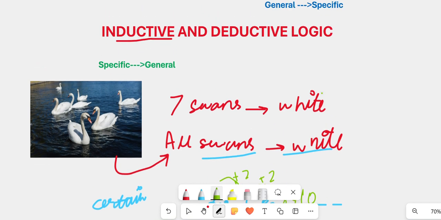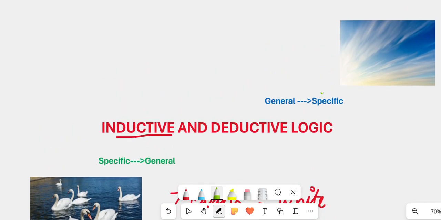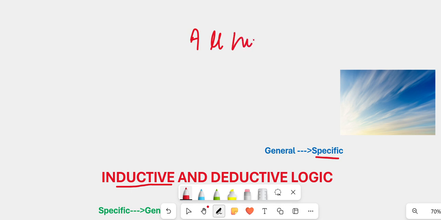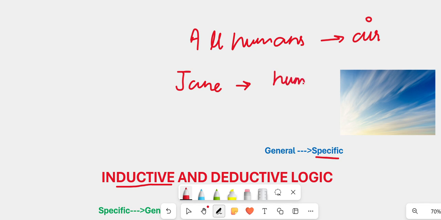Now, if we go towards deductive logic, it's basically the opposite of what inductive logic gives us. In deductive logic, we are basically backing up a generalized statement with a specific case. So let's say we say that all humans need air to survive. And we say that Jane is a human.